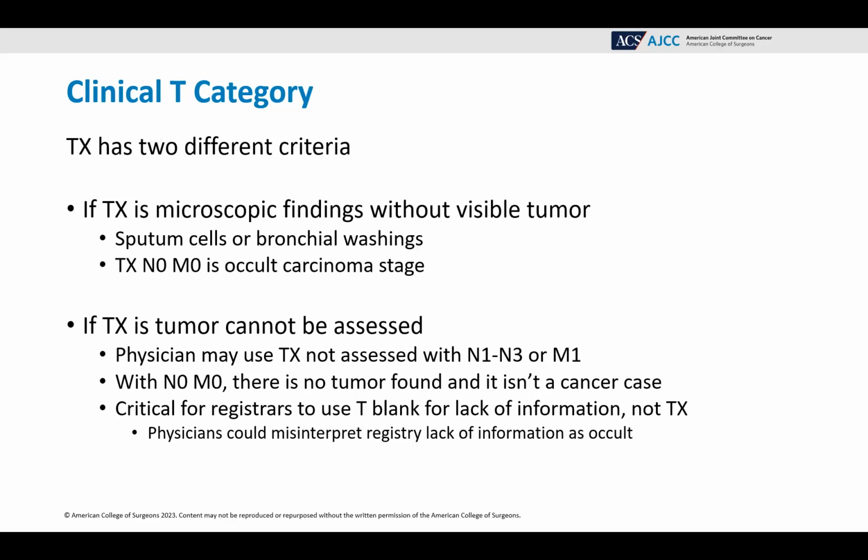So it's critical for registrars to make sure they're using T blank or skipping that T data item for lack of information and not assigning TX, particularly in this situation where TX has these two different meanings. The physicians could misinterpret the registry lack of information as actually being an occult tumor in the lung.